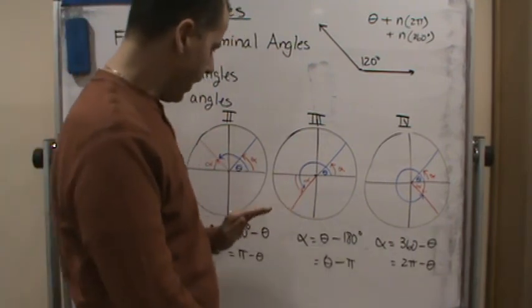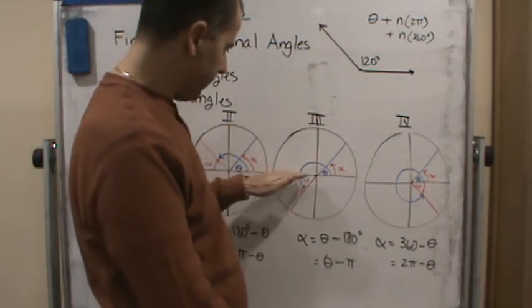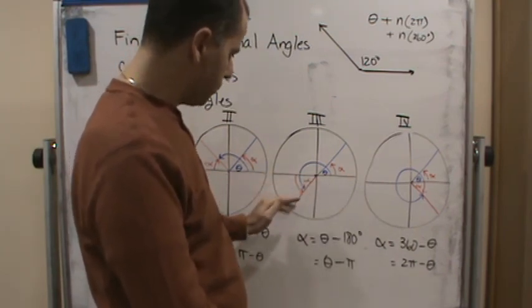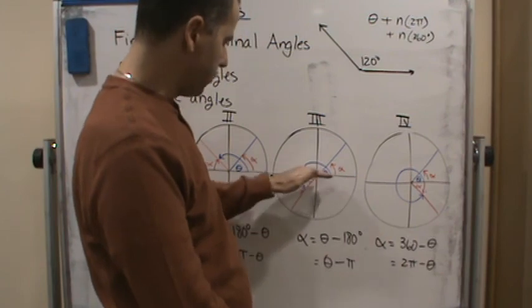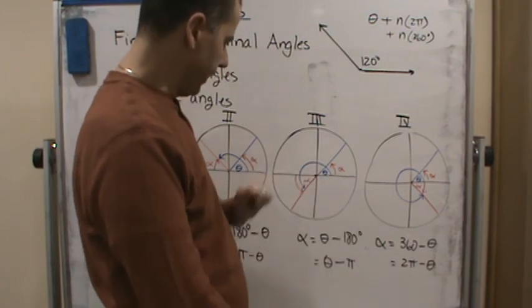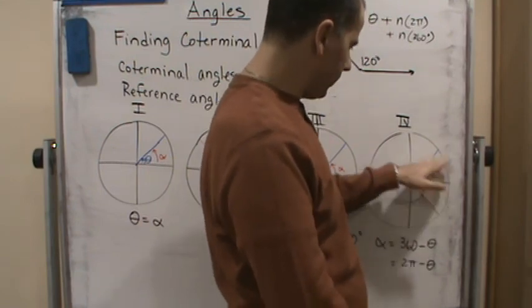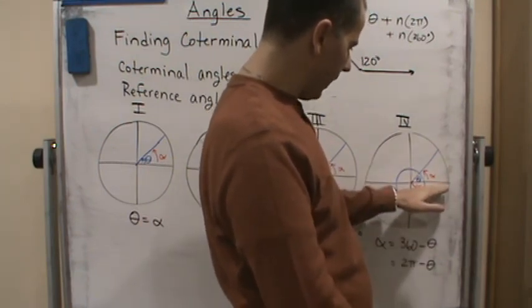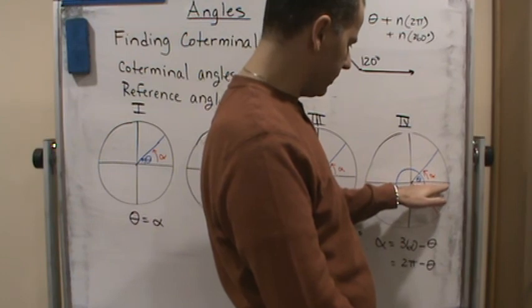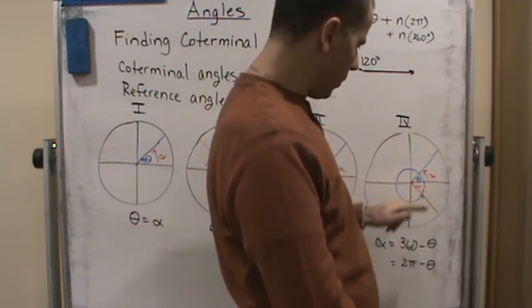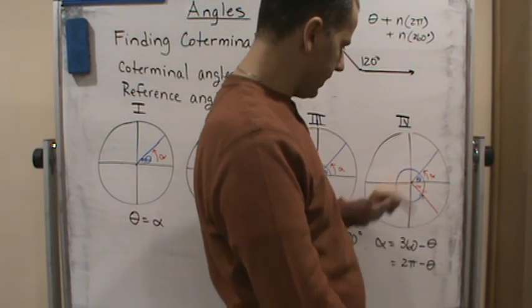If it's in the third quadrant, again I know that this is 180 degrees, and so to get this angle, I'm going to subtract 180 degrees from theta. And likewise, if I'm in the fourth quadrant, I know this whole thing is 2 pi or 360 degrees, and I've got theta, so to get this angle I just subtract 360 minus theta.